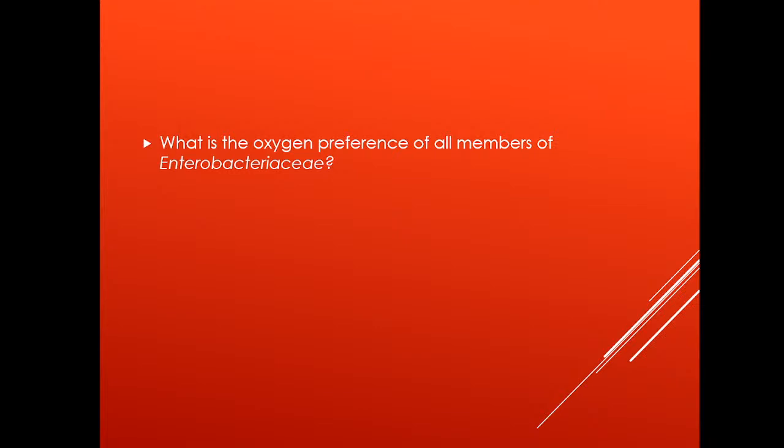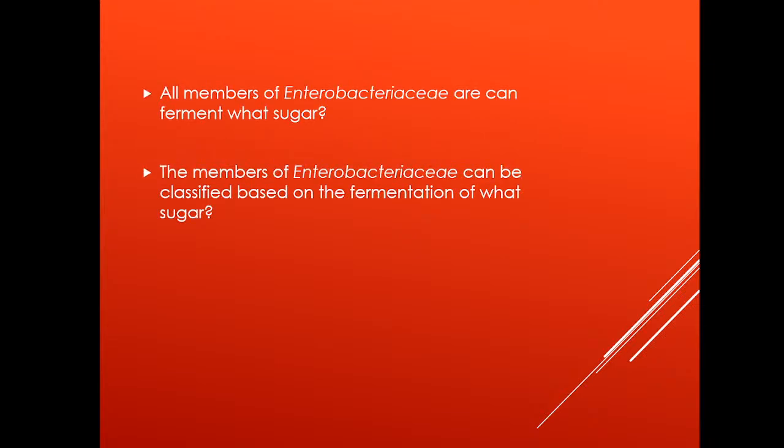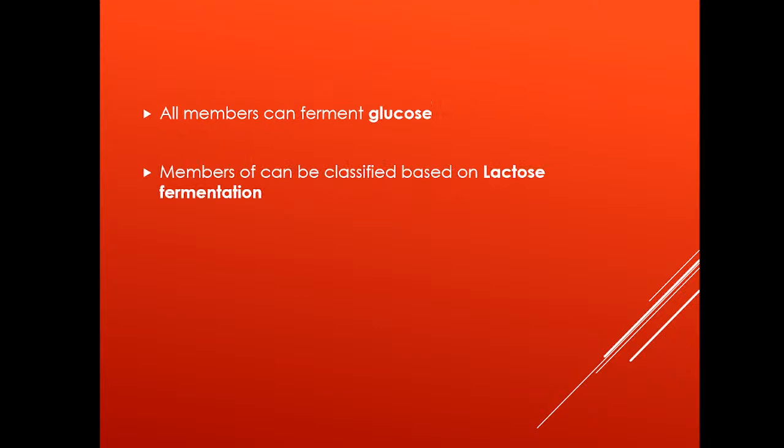So all Enterobacteriaceae are facultative anaerobes. Next, all members of Enterobacteriaceae can ferment what sugar? Glucose. They can ferment glucose. And the members of the family can also be classified with another sugar fermentation test, lactose fermentation. They can be classified as late lactose fermenter, early lactose fermenter, or non-lactose fermenter. You're going to see that later on when we talk about them one by one.